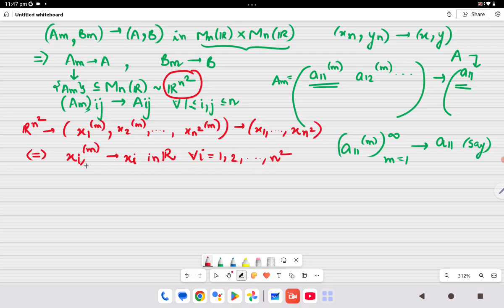Okay, so from that result, basically you can prove this result. It is very easy to prove.